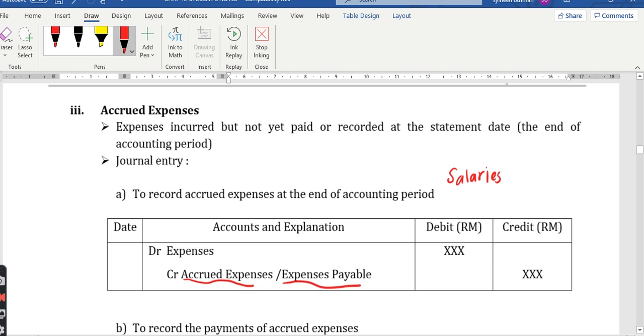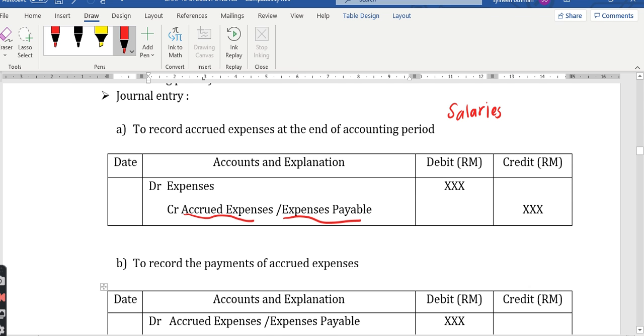So how do we go about recording the payments of the accrued expenses? In A, this is where you record the accrued expenses at the end of the accounting period. At this point, you haven't made any payments yet, but still you need to declare the expenses because it is at the end of the accounting period.